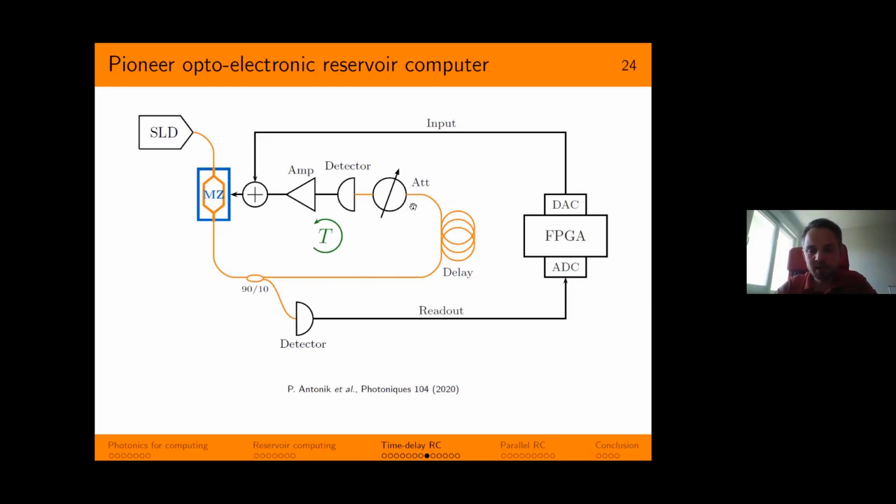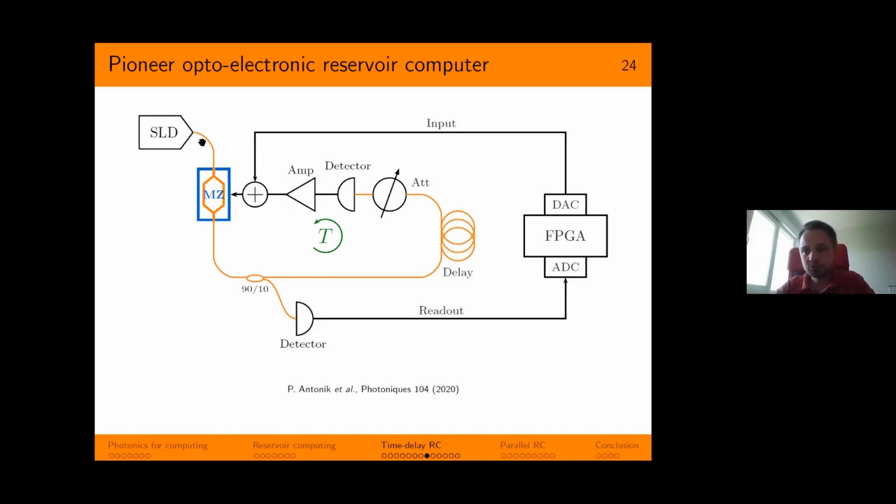It is followed by an optical attenuator, which allows us to regulate the dynamics of the system and to tune the feedback of the delay line. Then we have a photonic detector, which converts the optical information into electronic information. We also have an amplifier, simply because the voltage that we get from the detector is not enough to drive the RF port of the Mach-Zehnder, so we need to amplify it a little bit.